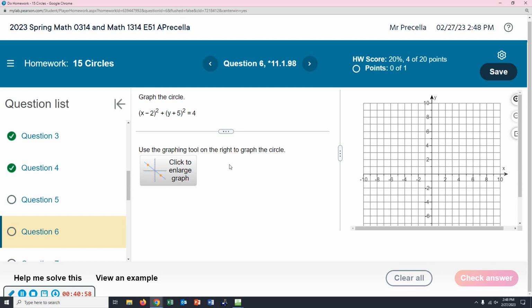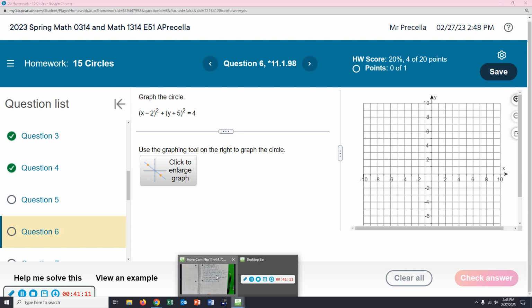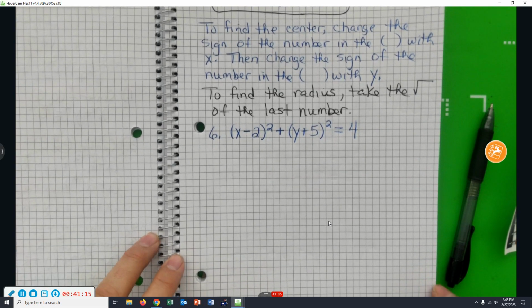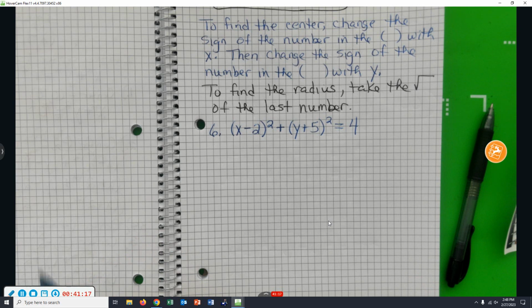So that was the purpose of all that writing I was doing, trying to tell you how to find the center and radius. Oh, did I miscopy this? No. Okay. Well, this is one of those times it's probably going to look like I'm just writing down the answer. What's the center and what's the radius?